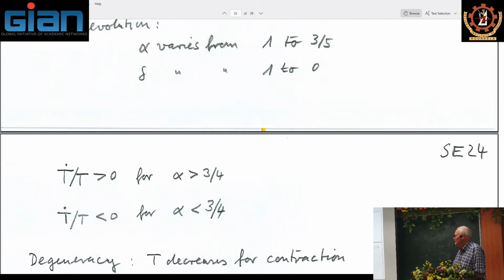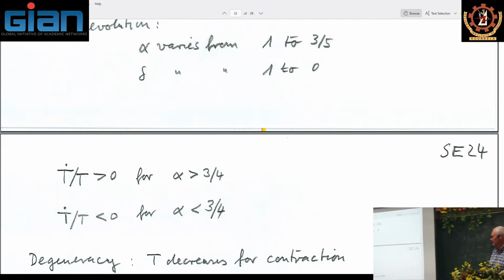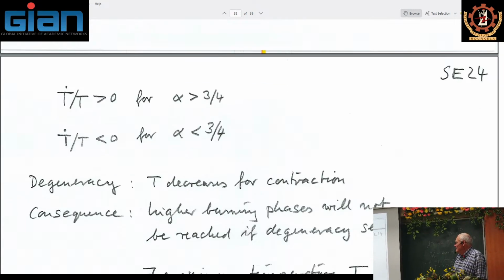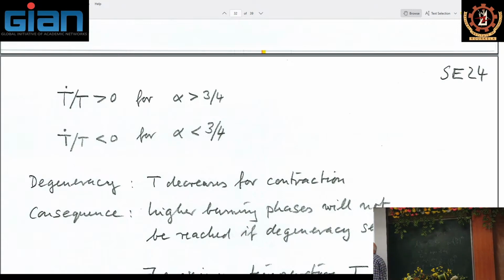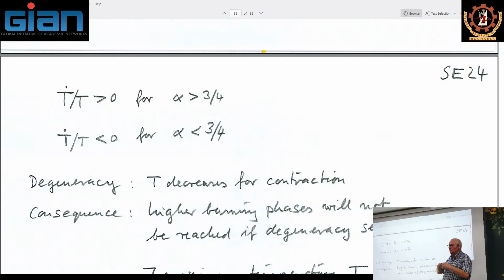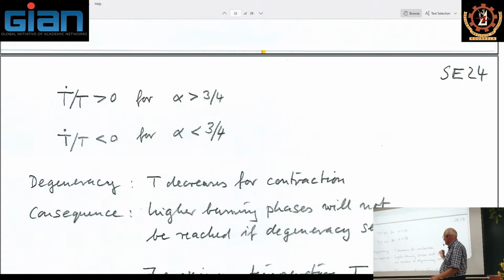Okay, we have T dot over T bigger than 0 for alpha bigger than 3/4, and T dot over T smaller than 0 for alpha smaller than 3/4. Well, so in the case of degeneracy, the temperature decreases for contraction, and it means it achieves a maximum, and then the temperature can no longer become higher than this maximum.